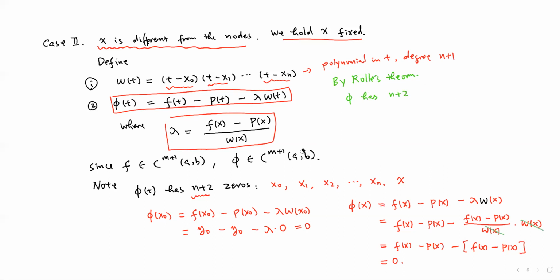Then the first derivative has n plus 1 distinct zeros.